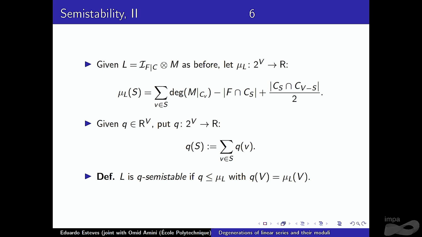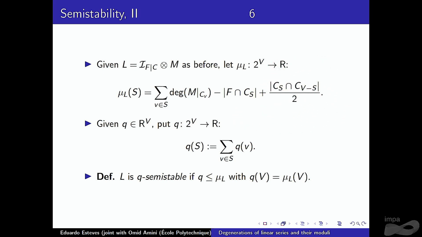It looks like there are just inequalities in one direction, but once you impose this equality here, you have inequalities the other way around as well. The distance between these multi-degrees is encoded in this correction term.